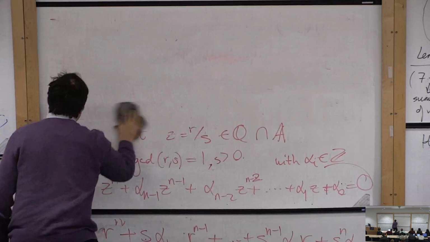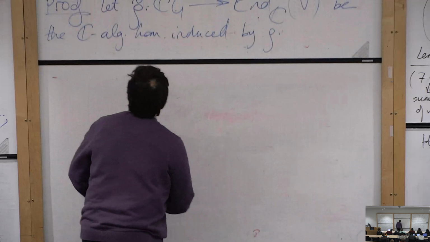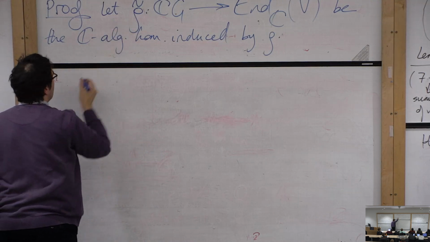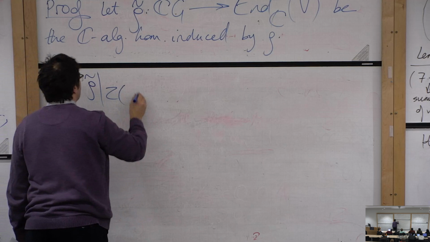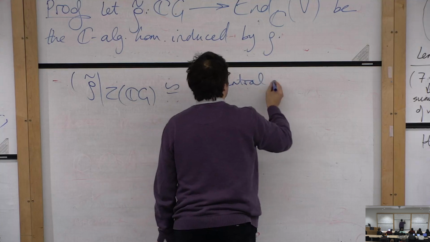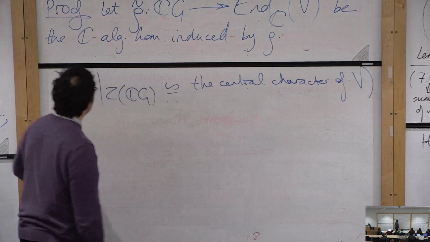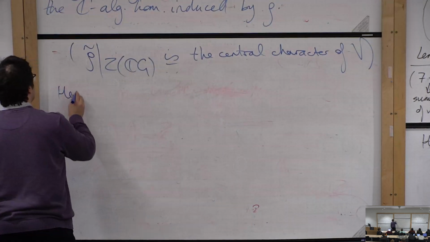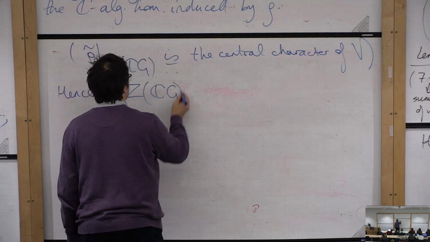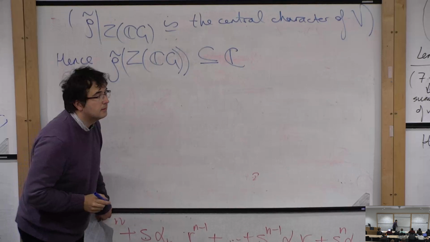Whatever it is, it's a ring homomorphism, and by Schur's lemma, right, the restriction of this guy to the center is the central character, if you like. That being the case, rho tilde sends the center into scalars, Schur's lemma, right?